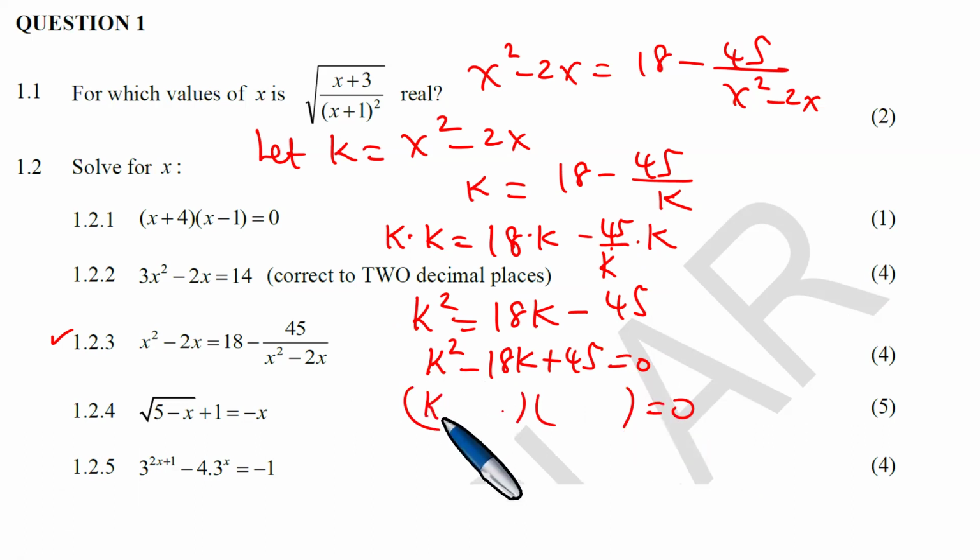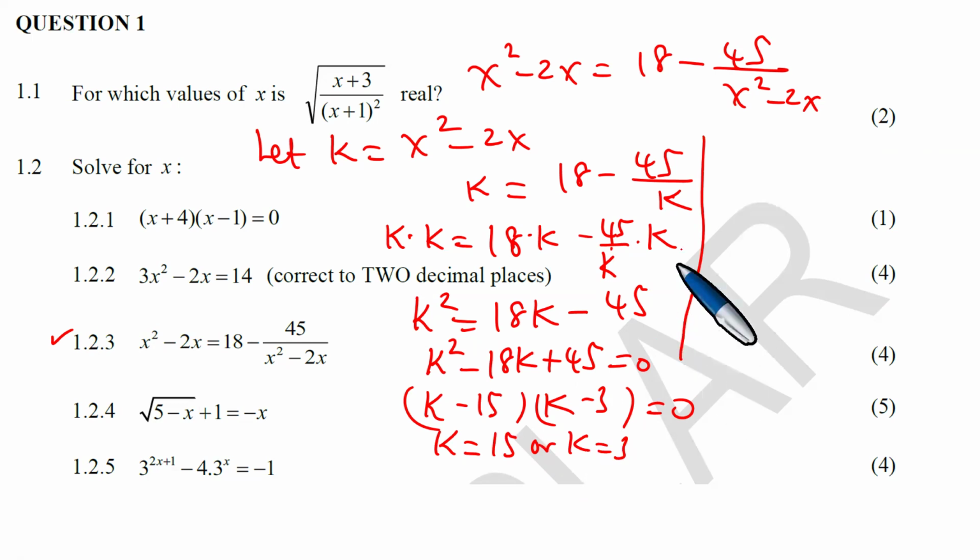And then you have this. What are the factors of k squared? k and k. What are the factors of 45 that give minus 18? Those factors are exactly minus 15 together with minus 3, giving us k equals 15 or k equals 3. At this point, we're going to consider these in 2 different ways.